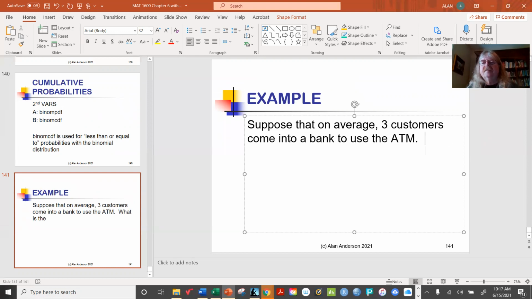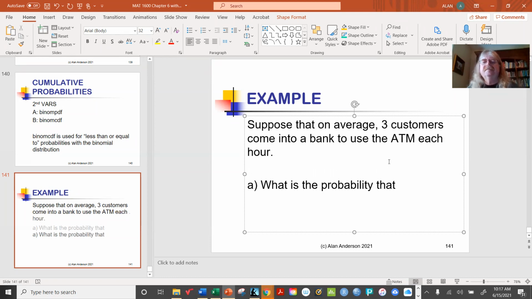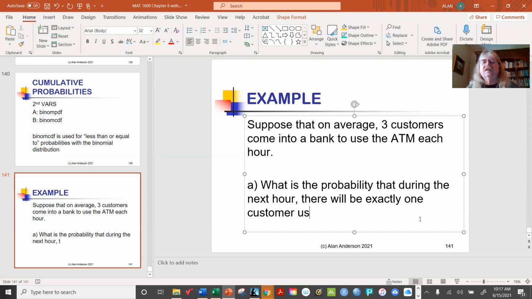A, what is the probability? Oh, you know what I forgot to mention? Each hour. I forgot to mention the time frame. What's the probability that during the next hour, there will be exactly 1 customer using the ATM?